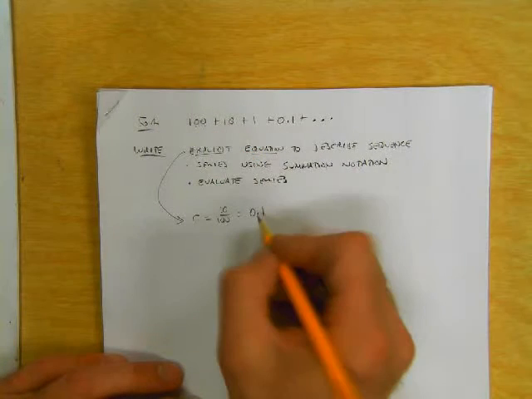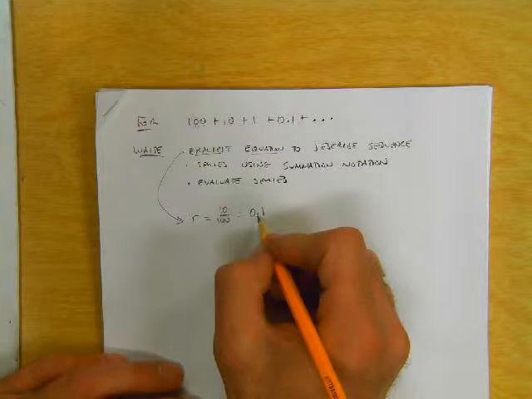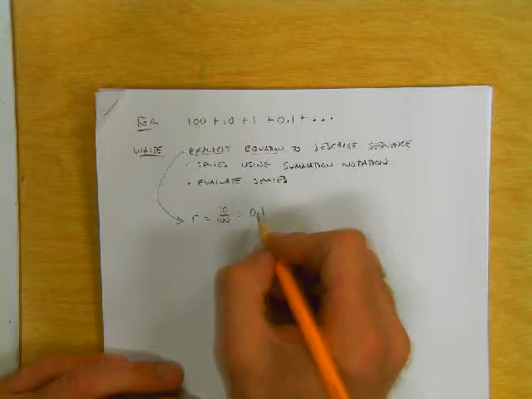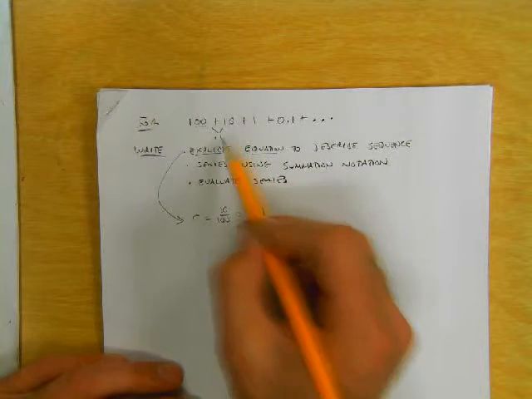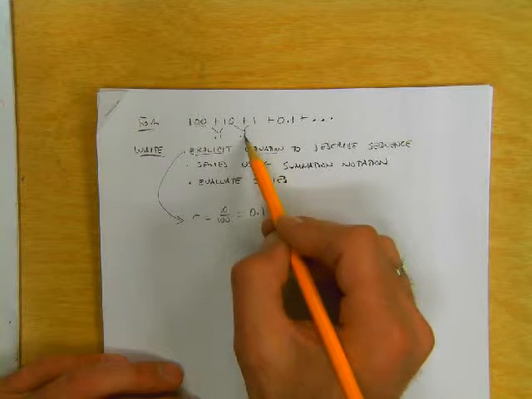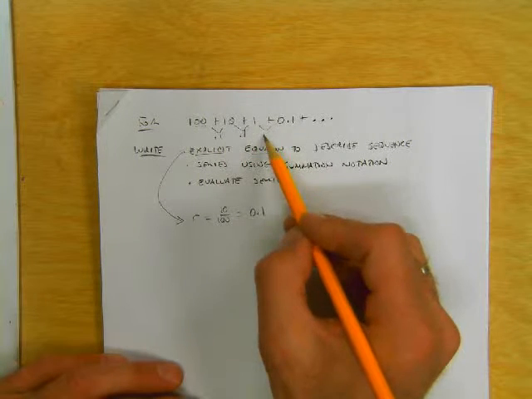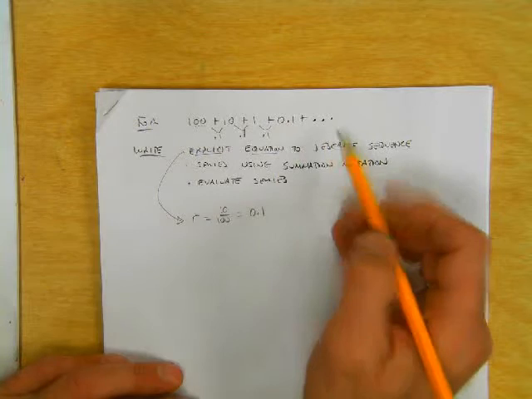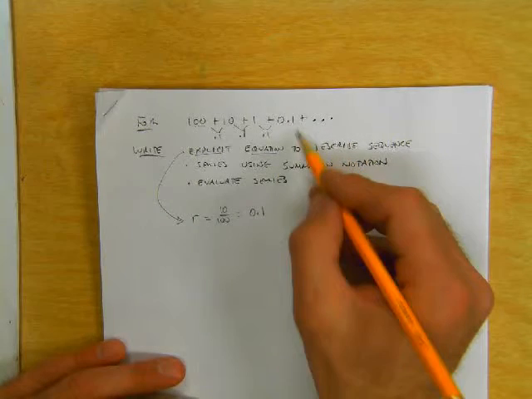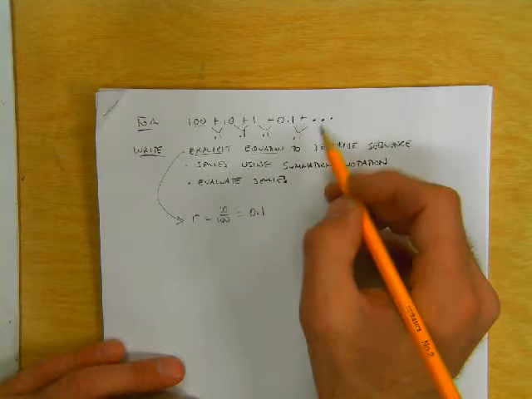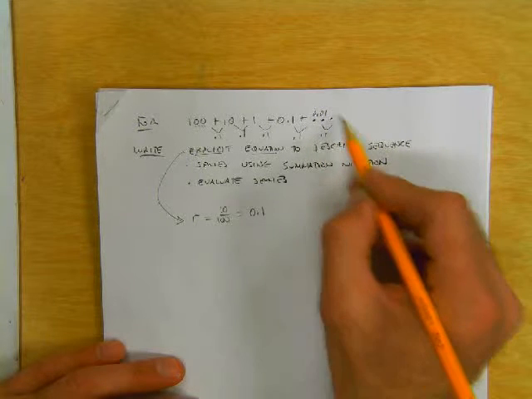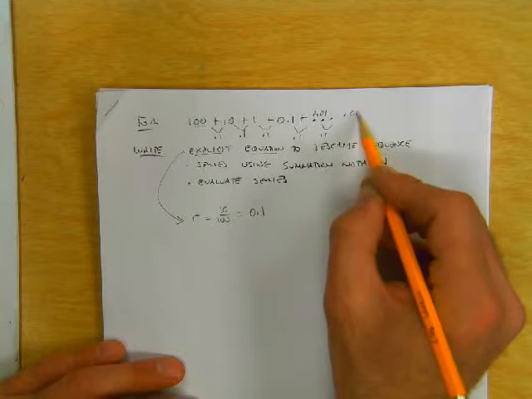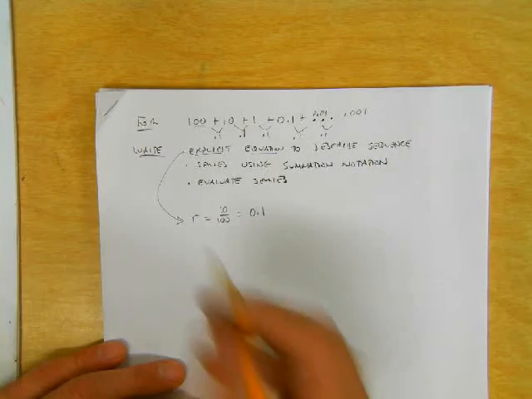So we know now that our common ratio is 0.1, and if you do 100 times 0.1, you get 10. 10 times 0.1 is 1. 1 times 0.1 is 0.1, and so forth. In fact, our next term would be 0.01, and then our next term would be 0.001, and so forth.